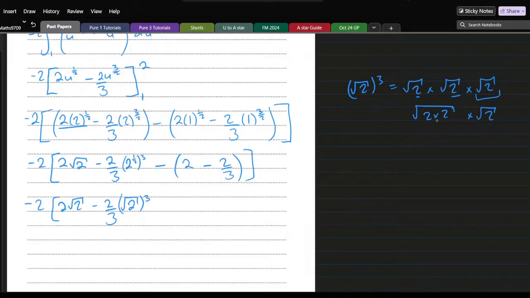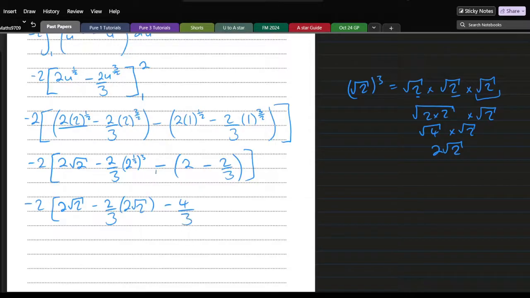And we know that this here is root 4 times root 2, so that is 2 root 2. Okay, so that means we can replace our root 2 cubed here with 2 root 2. So what we have here is times 2 root 2, and that's 2 minus 2/3, that's minus 4 over 3.